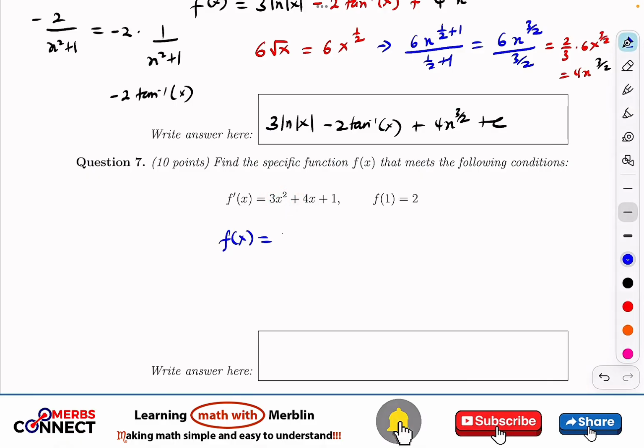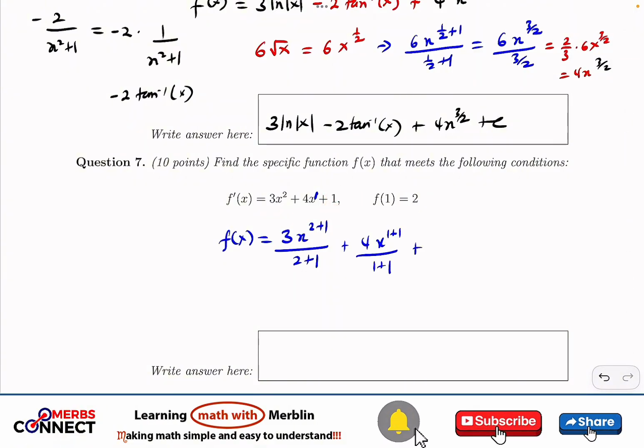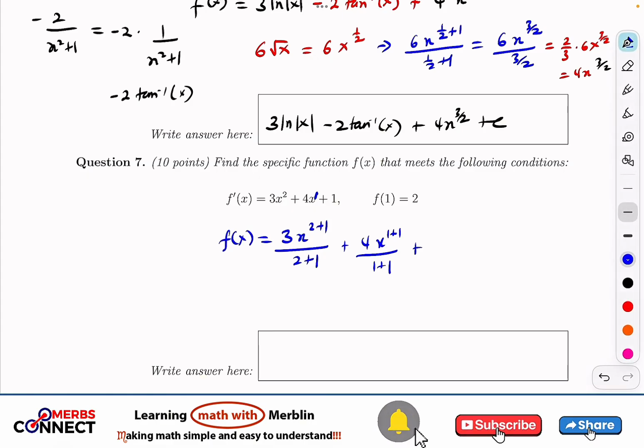So this is going to be 3x to the power 2 plus 1 divided by 2 plus 1 plus 4x to the power 1 plus 1 divided by 1 plus 1 plus. Now this is a constant, so we need to multiply it by the function that we are integrating with respect to, which is x, because the function is in terms of x. So 1 times x is x plus a constant.